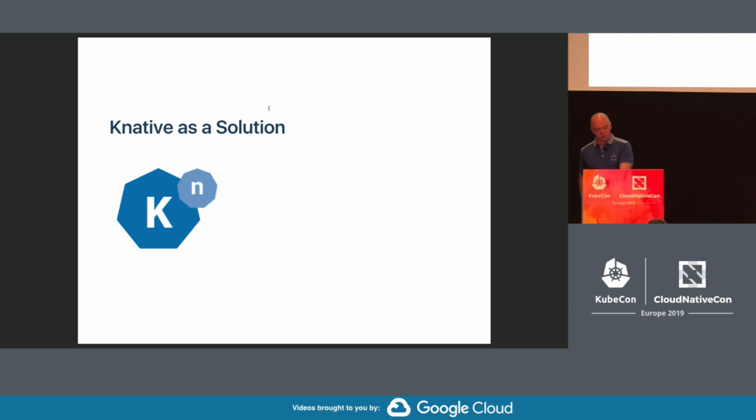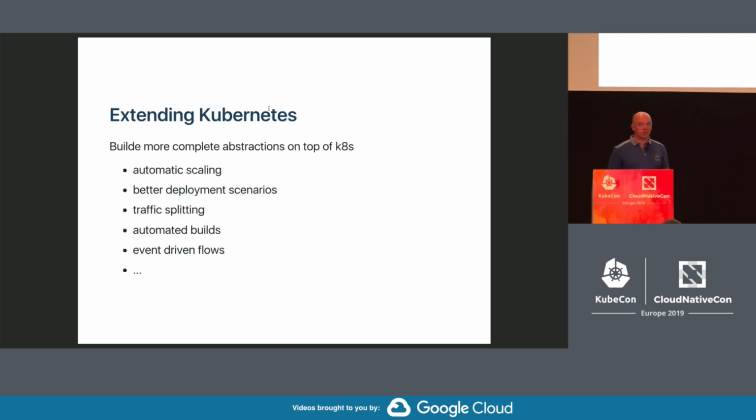How can you do this? You do this with Knative. What is Knative? It's an extension of Kubernetes, an extension of the Kubernetes API that gives you things like automatic scaling, better deployment strategies, traffic splitting, lots of benefits. You get them from the Knative abstractions. So you create a Knative API object, just one, and automatically you're going to get a route for traffic splitting.